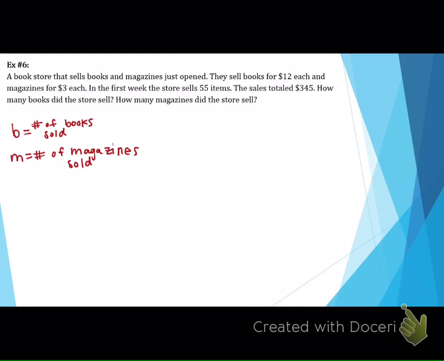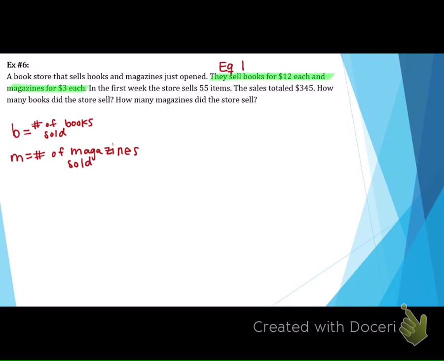Okay, so here's one of the equations. They sell books for $12 each and magazines for $3 each. And then it also tells you in the first week they sell 55 items.